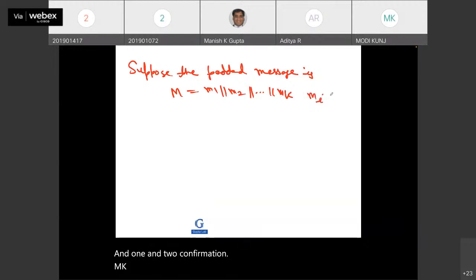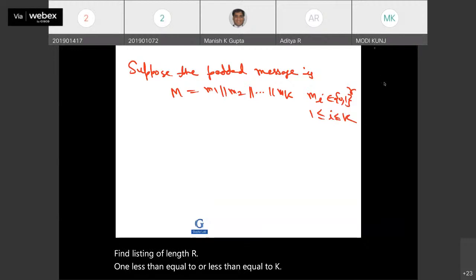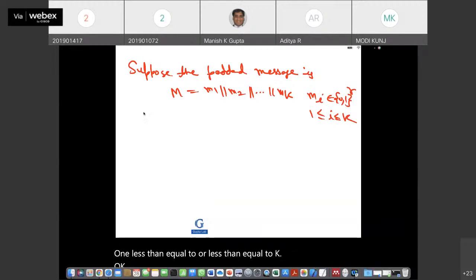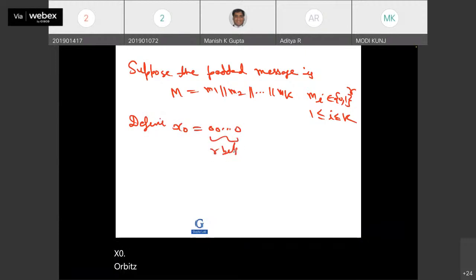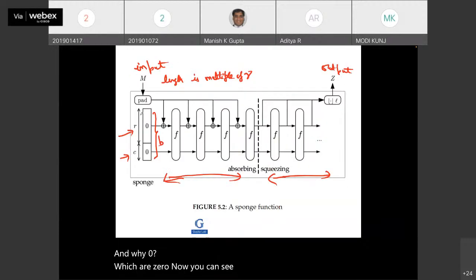Now each Mi is a binary string of length R, for 1 less than or equal to i less than or equal to K. Define X0 as R bits, which are 0, and Y0 as C bits, which are also 0. Now you can see in this picture that R0 and C0, all these bits are 0 here.